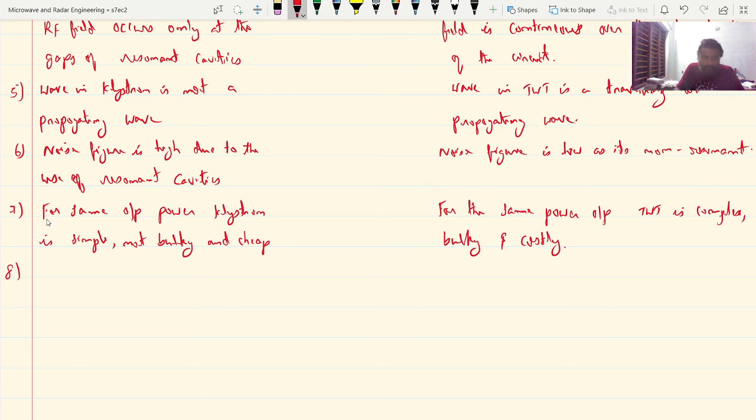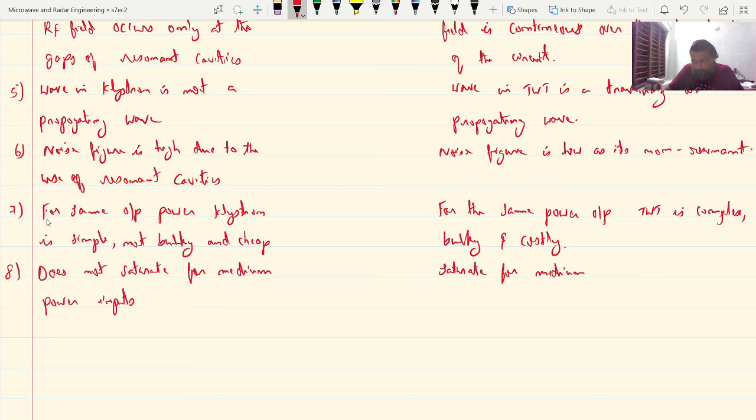One more point, the eighth one: the klystron does not saturate for medium power inputs, whereas the TWT will saturate for medium and high power inputs due to saturation of helix.